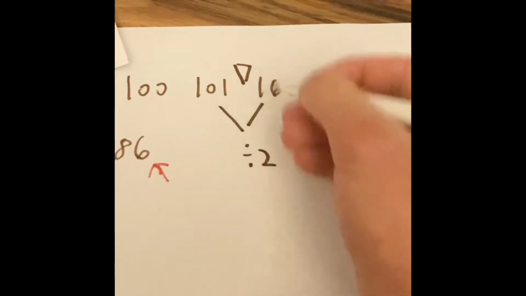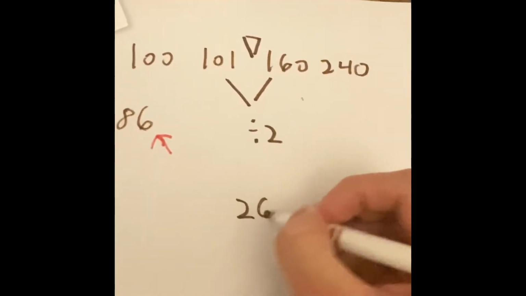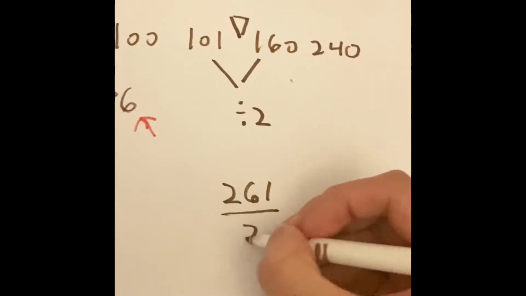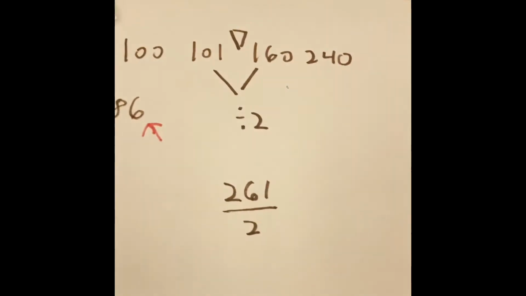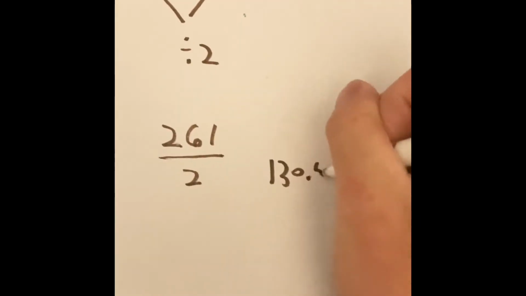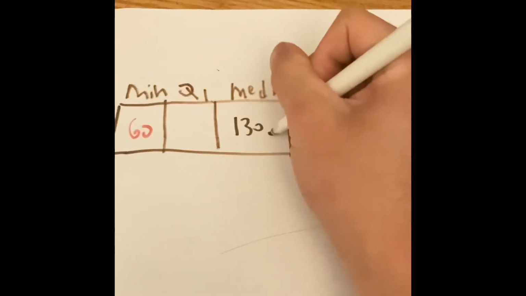So 101 plus 160 is 261. When we divide that by 2, we get an answer of 130.5. And that's the middle number. So that means our median, or our middle number, is 130.5.